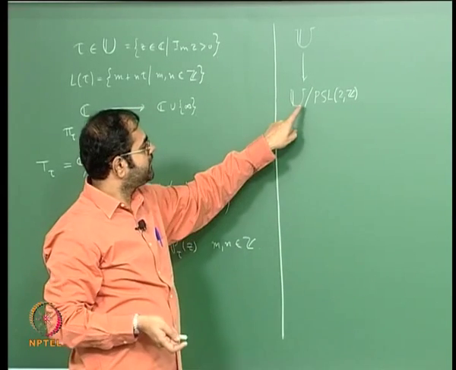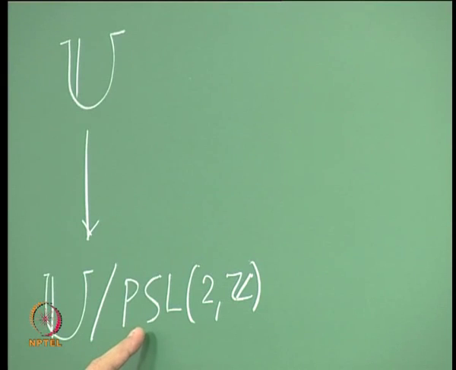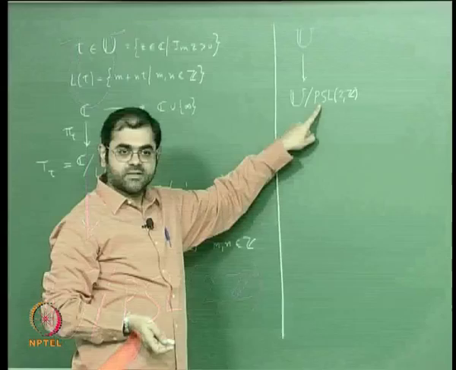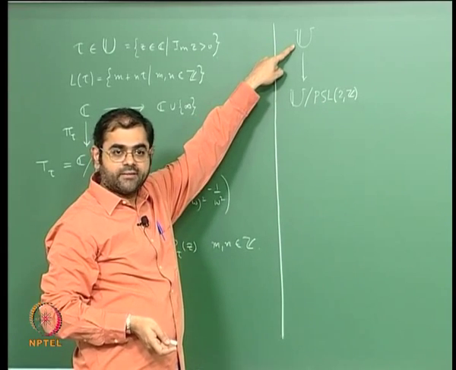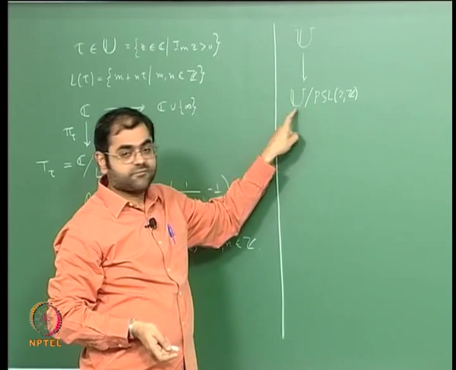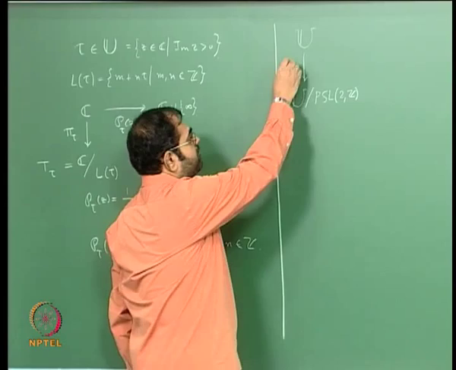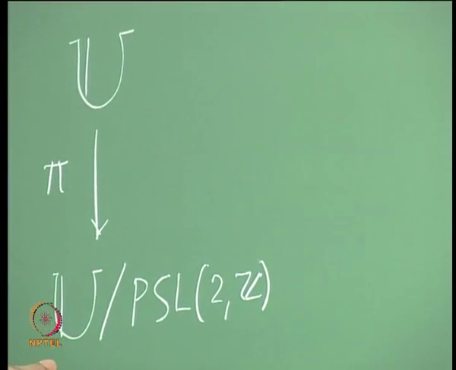Of course you will recall that to get this Riemann surface, we used the fact that even though PSL2Z has fixed points in its action, we were able to prove that it acted properly discontinuously, and the region of discontinuity contained the upper half plane U. Therefore you can go mod this to get a Riemann surface structure on the quotient, so that this map becomes holomorphic, in particular a map of Riemann surfaces.